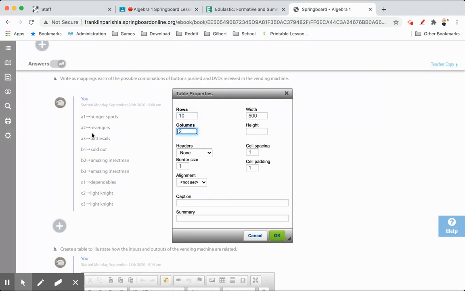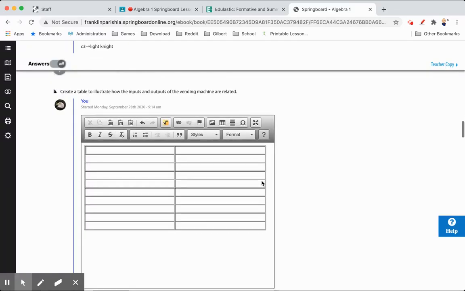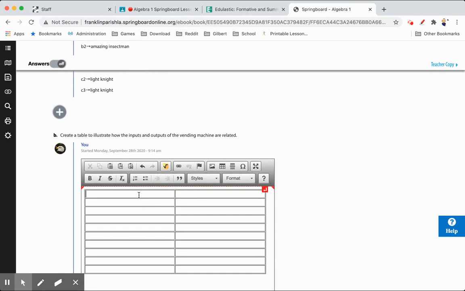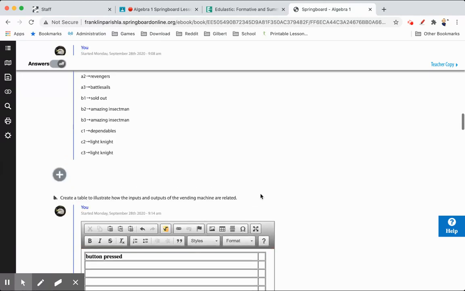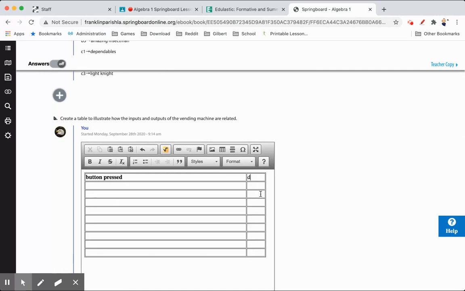And columns, well, it's just 2 sections, so we need 2 columns. We'll label the top in bold, just to make it easier. This is the button pressed, and this will be DVD spit out, or outputted. Let's just say output.